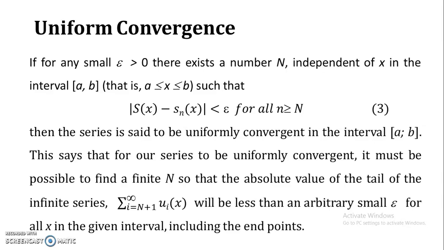This says that for our series to be uniformly convergent, it must be possible to find a finite N so that the absolute value of the tail of the infinite series, that is the summation of ui of x where i runs from N plus 1 to infinity, will be less than an arbitrarily small value epsilon for all x in the given closed interval [a, b], including the endpoints.